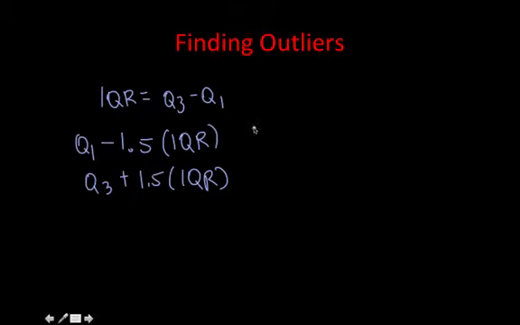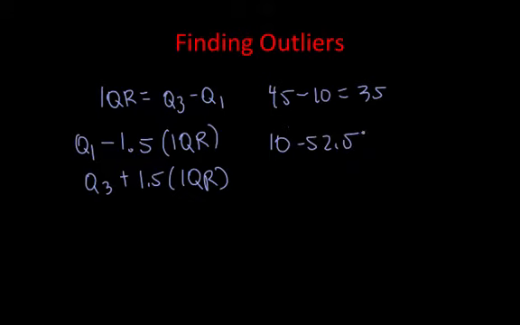So for our example, let's do that. Our Q3 was 45, our Q1 was 10, so the difference between those is 35. Now we do 35 times 1.5. We're going to subtract 52.5 from 10, which is negative 42.5.